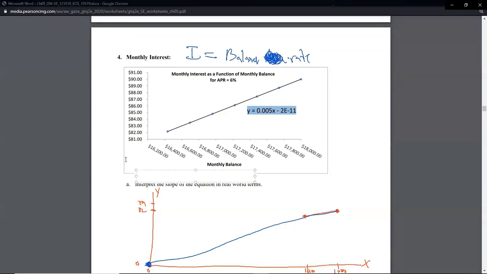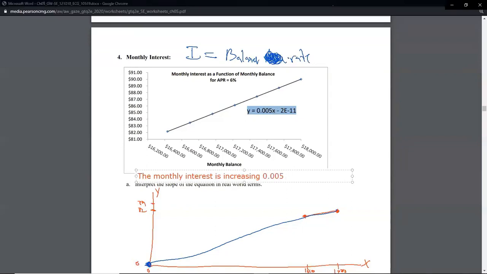So let me just write my sentence right here. And we would say that the monthly interest is increasing, changing by, now you use the slope, which is the number in front of the x, and I don't know why I'm pointing with my finger because I don't have the pen in my hand, 0.005, so by 0.005.